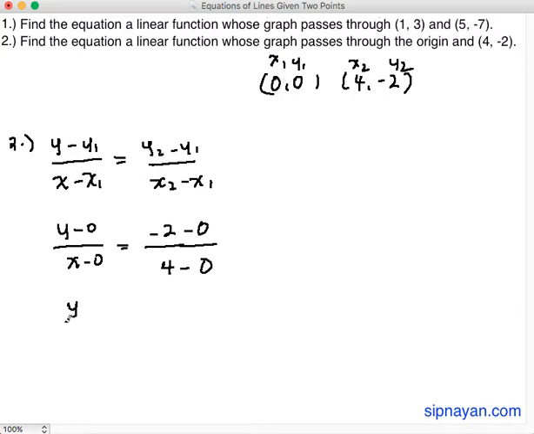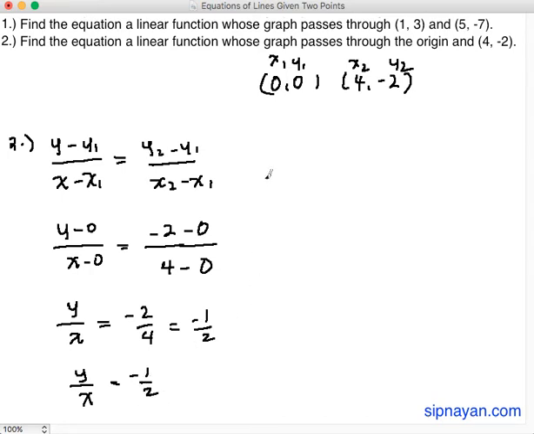So this becomes y over x equals negative 2 over 4, which is equal to negative 1 over 2. Dinivide ko lang to by 2 yung both the numerator and the denominator para ma-lowest term siya, katulad ng ginawa kanina. So, magiging negative 1 over 2.